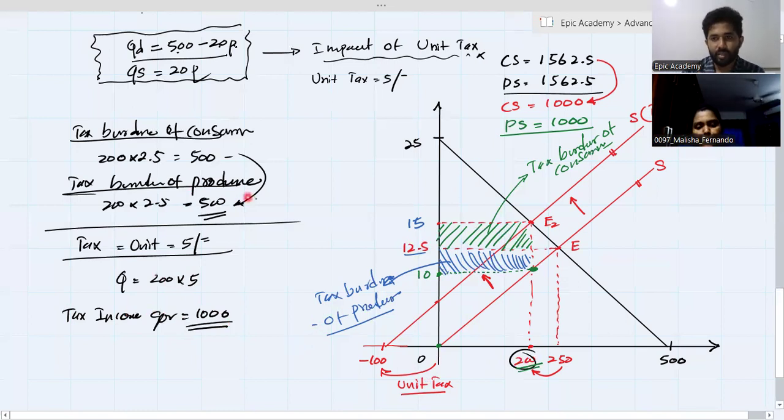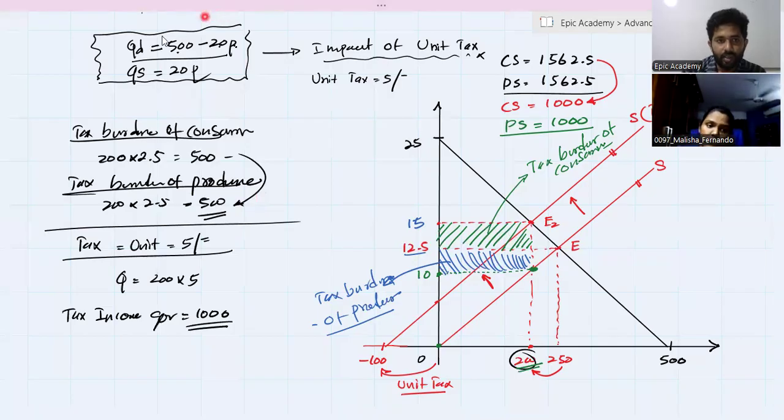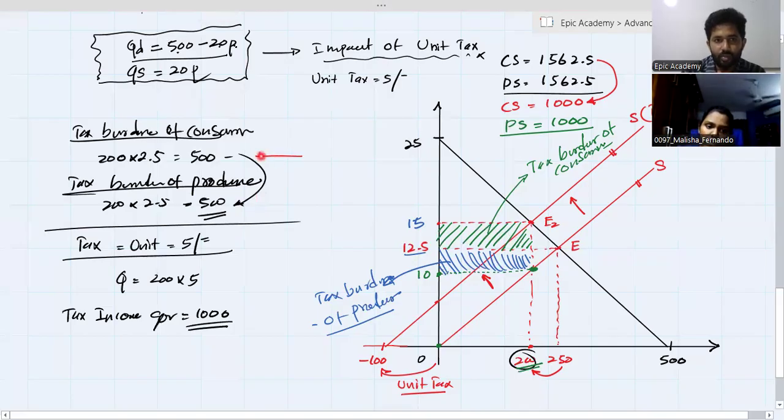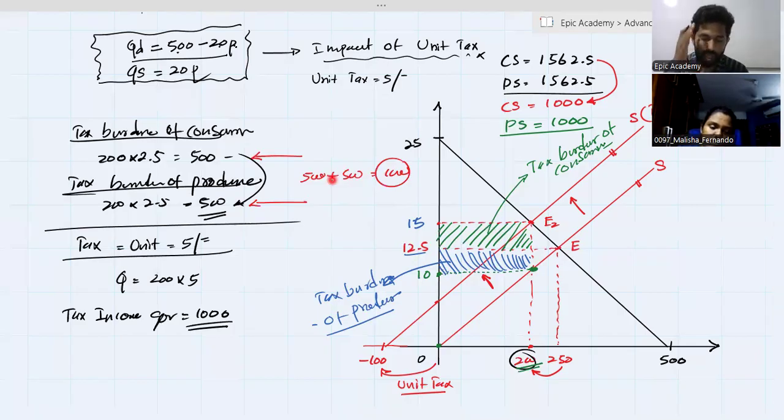Another important thing: identify the tax burden of the consumer, 500, and the tax burden of the producer, 500. This 500 equals this 500, and it becomes 1,000 rupees.